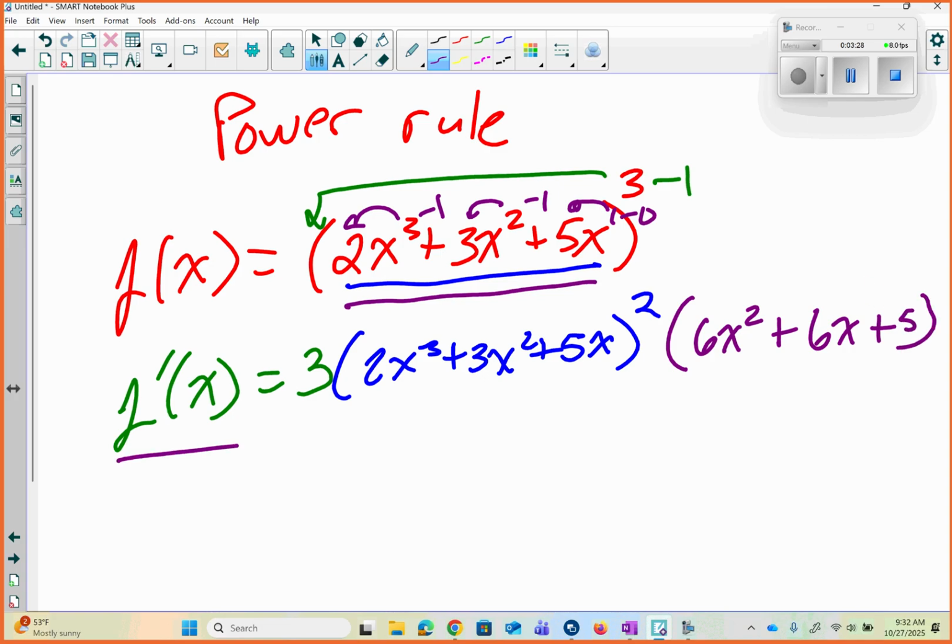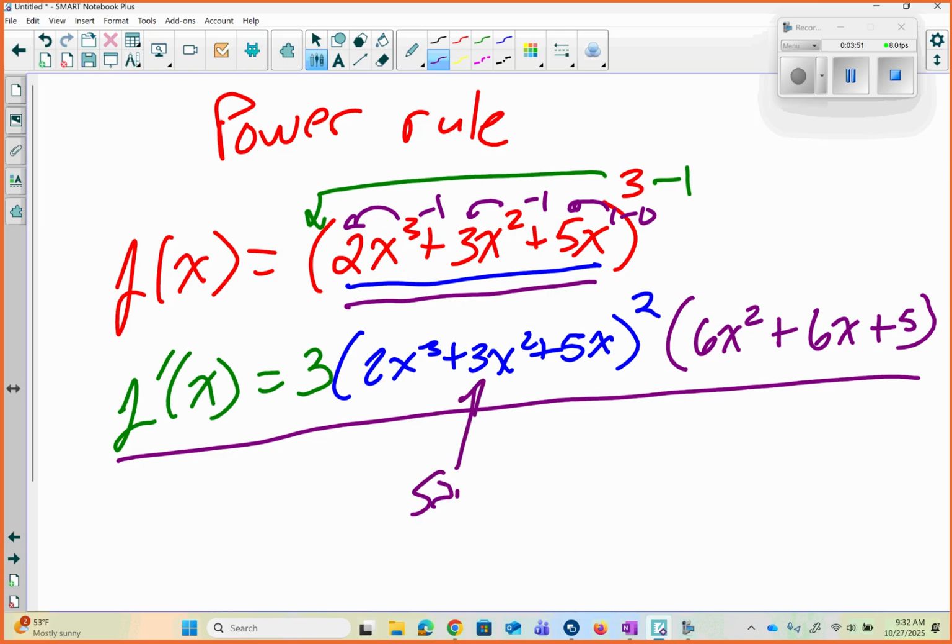So this is the derivative of the whole thing, and you don't necessarily have to go and multiply that out. You have to kind of start doing it by little sections at a time. So the power rule, you bring the outside exponent down to the front, subtract 1 from it, keep what was in the parentheses as is, and then be sure you lower it.